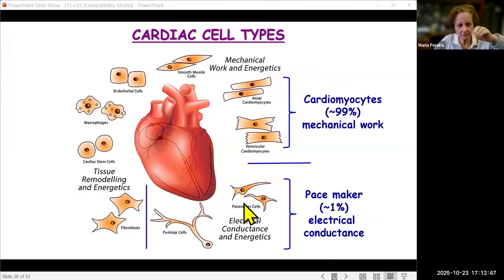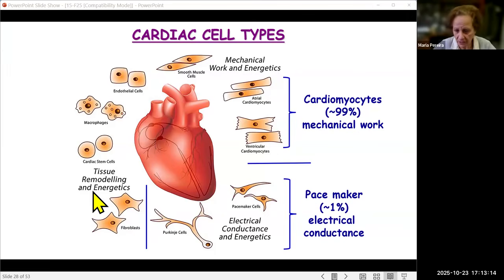They will start contracting and relaxing autonomically. You don't need to activate them, you don't need a signal. You need to stimulate these others for them to contract and relax. Here they generate an electrical signal that is going to regulate the muscle contraction of these cells.